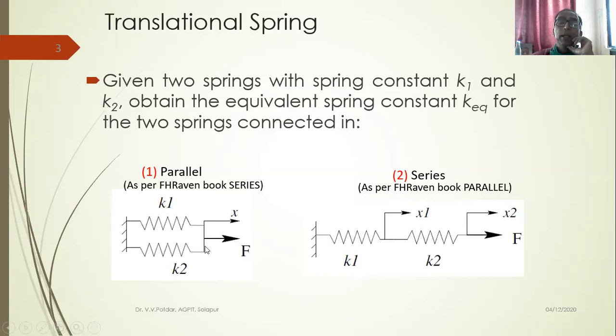Here the force remains the same throughout both the springs. In this arrangement, force is the same on spring K1 and spring K2, whereas displacement is shared. Spring K1 is subjected to displacement X1 and spring K2 is subjected to displacement X2.